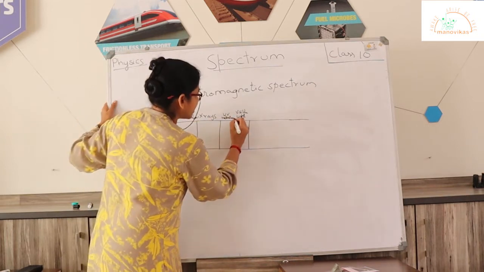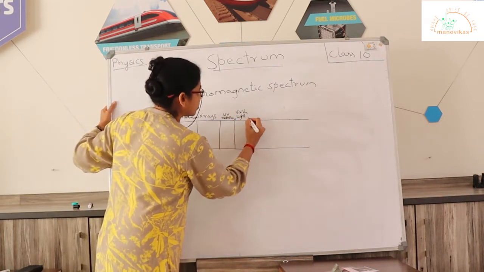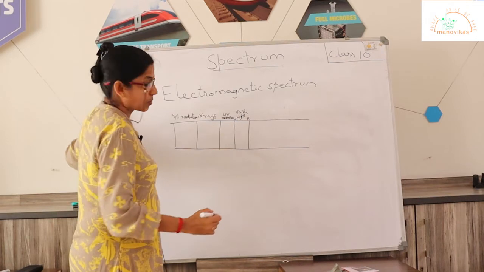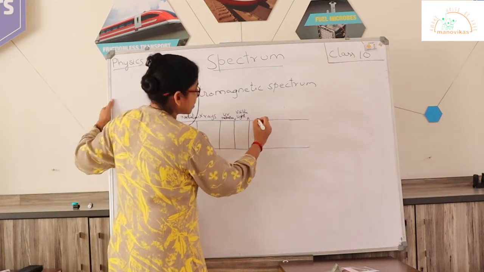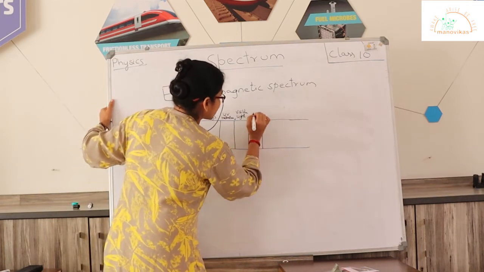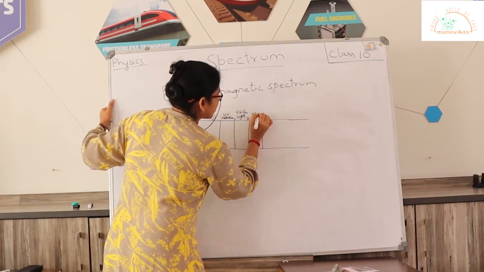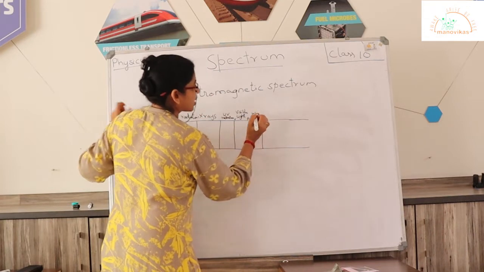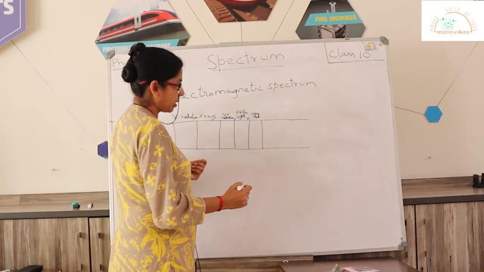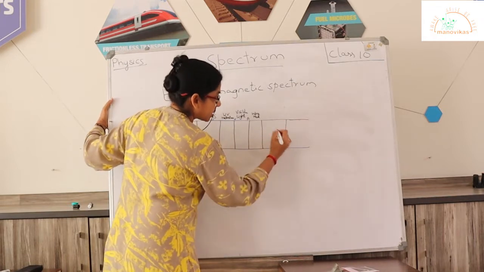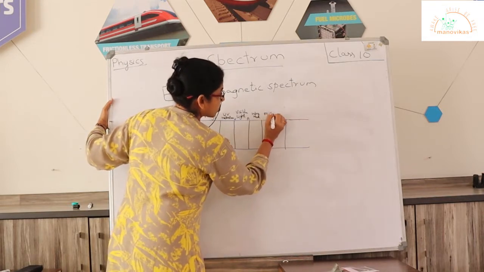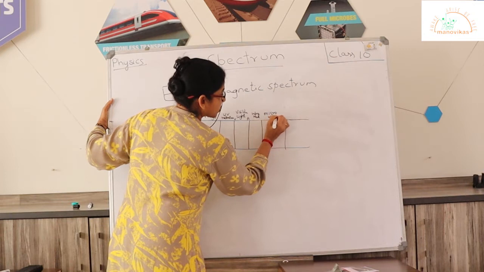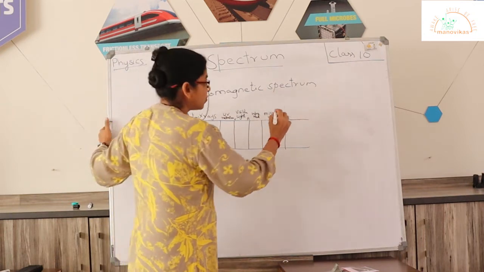Then you have violet here and red over here, and beyond red you have the infrared section. Infrared radiations followed by microwaves and radio waves.